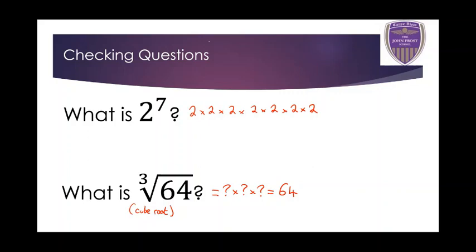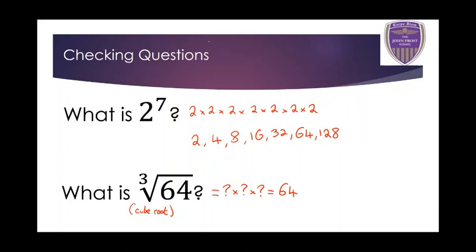So if we go through this step by step, okay? So 2 is just 2. Then 2 times 2 is 4. 2 times 4 is 8. 8 times 2, 16. 2 times 16, 32. 2 times 32, 64. 64 times 2 is 128.